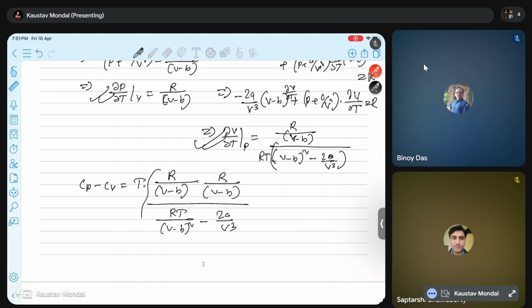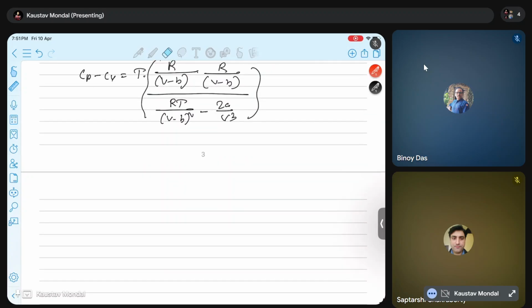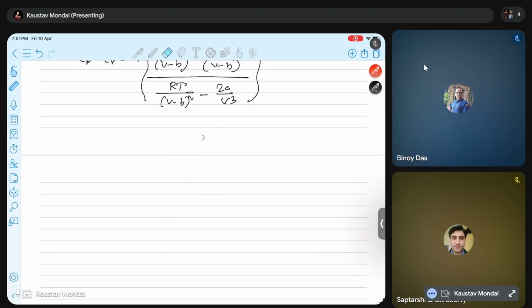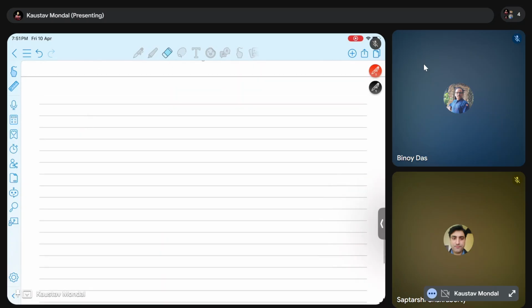Okay. This will be the expression of Cp minus Cv. Now you can further simplify this thing. You can cancel some of the terms. V minus b, you can see there are common terms. So you can further simplify it.